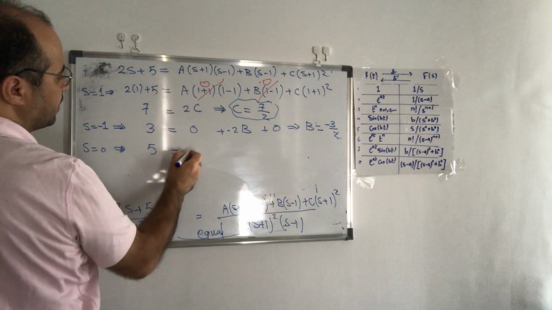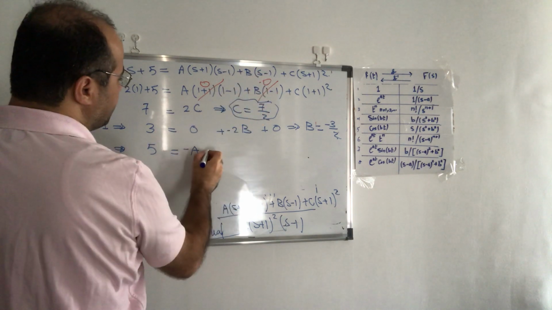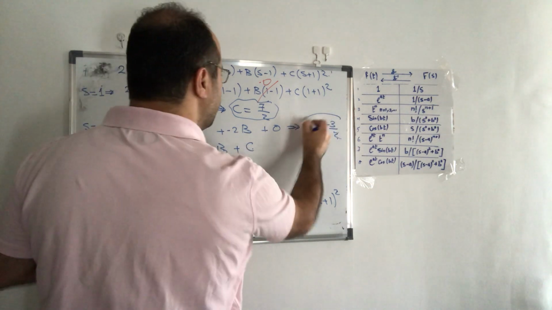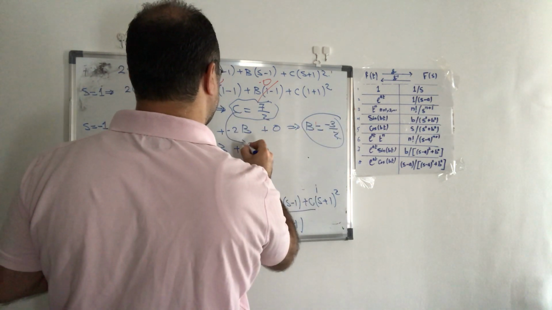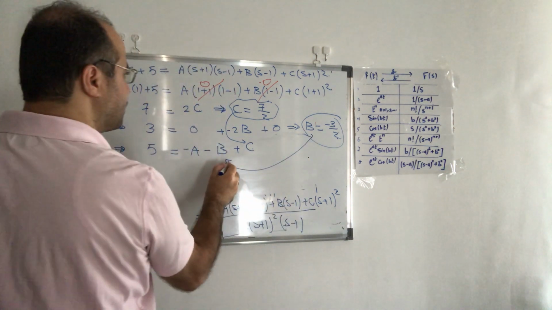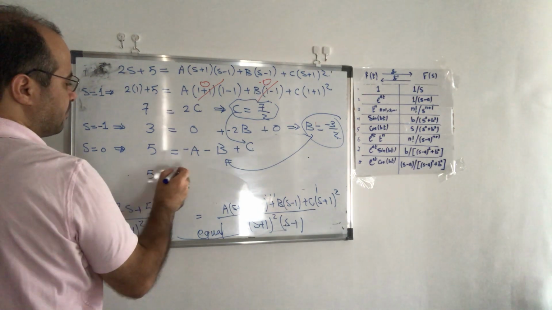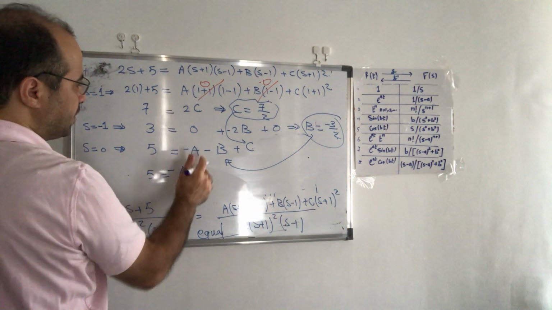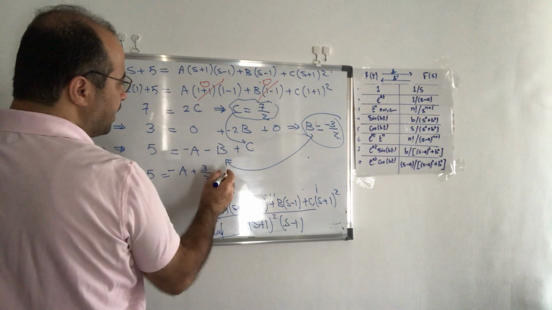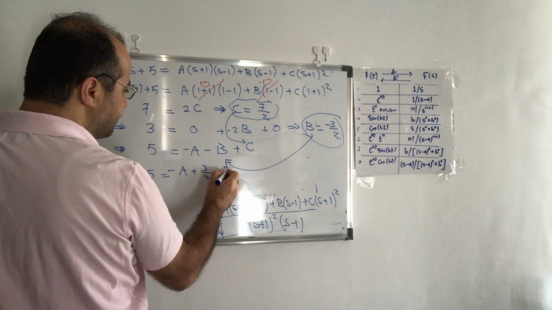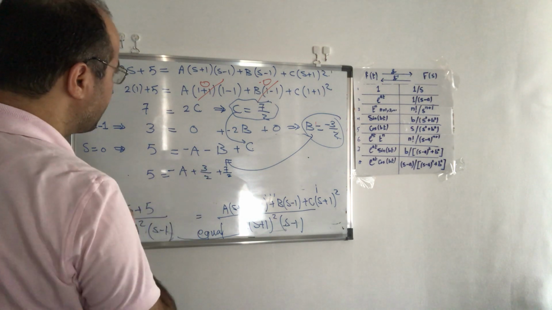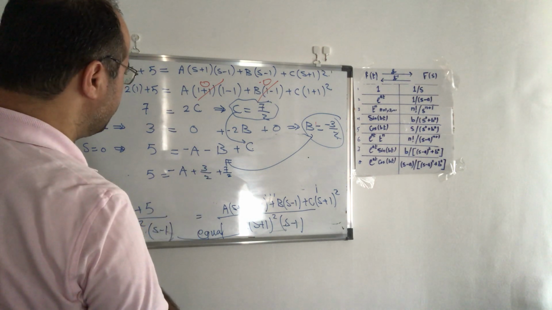On this side, you get minus A, minus B, and C. Putting in B and C, you get 5 minus A, and minus B gives plus 3 over 2, and C is just 7 over 2.